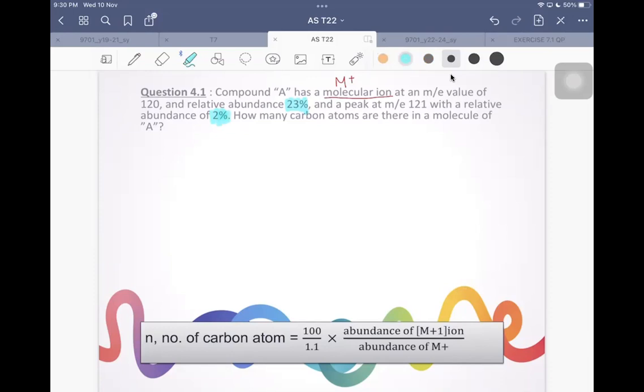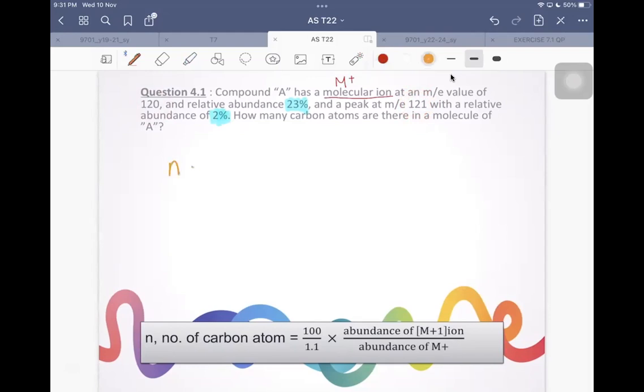Okay, and you notice as well, the molecular ion mass to charge ratio is your Mr, 120. However, there is a +1. That's why we call it M+1, at mass to charge ratio of 121. Okay, so how do we use the formula for this?